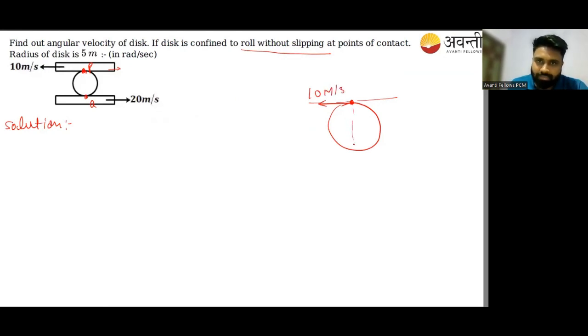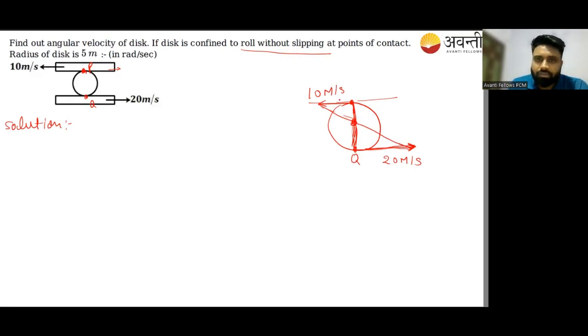This is point Q, which has a velocity of 20, just double of it, 20 meter per second. If you join this line, and you join this line, okay, the velocity about this point of intersection will be the same.